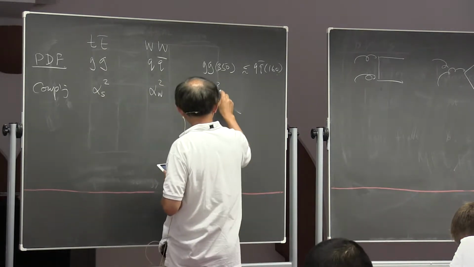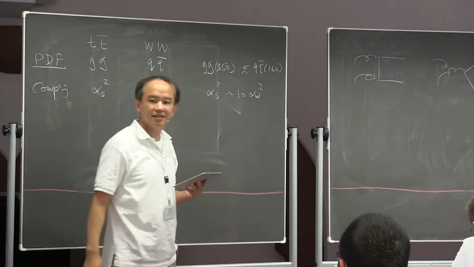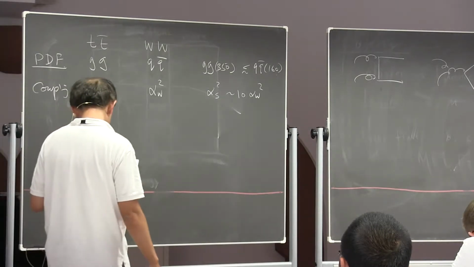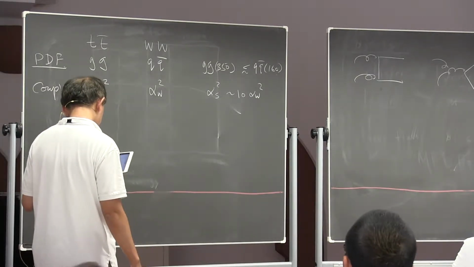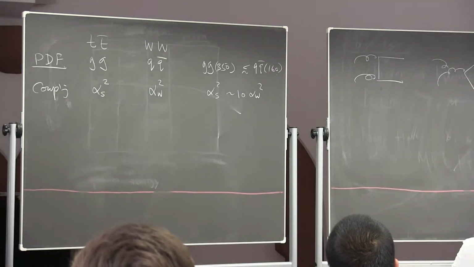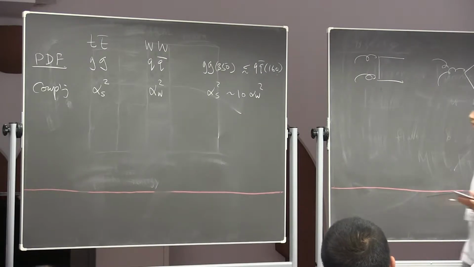It turns out numerically alpha s squared is about 10 times alpha weak squared.